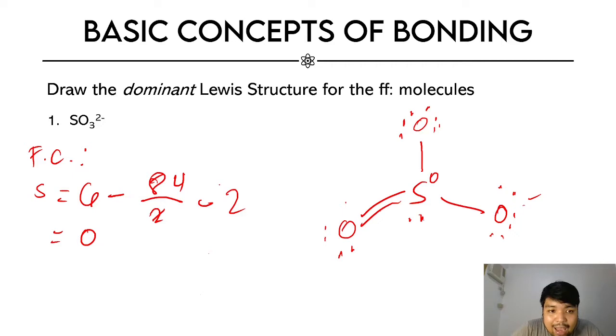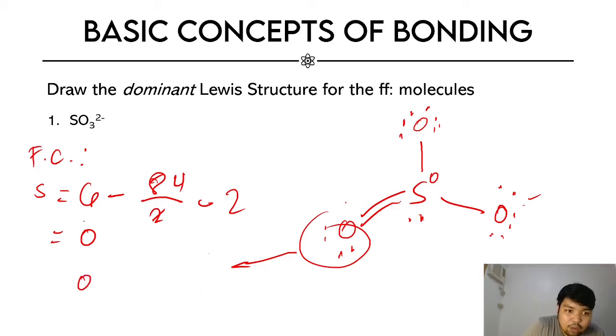Now let's have the formal charge of this oxygen here. This oxygen will have 6 valence electrons also, and it has 4 bonding electrons. Sorry, yeah, tama. 4 bonding electrons divided by 2, minus 1, 2, 3, 4 non-bonding electrons.